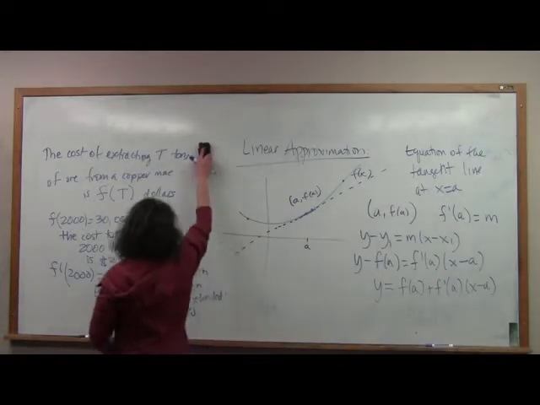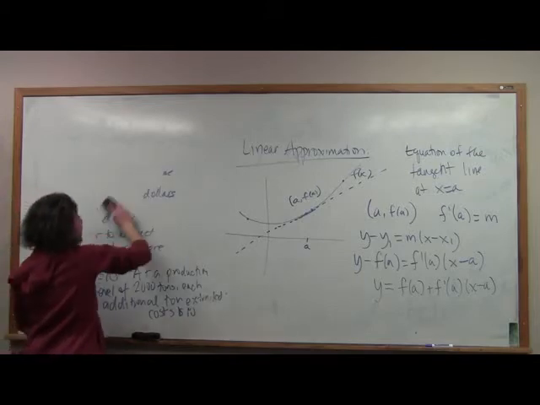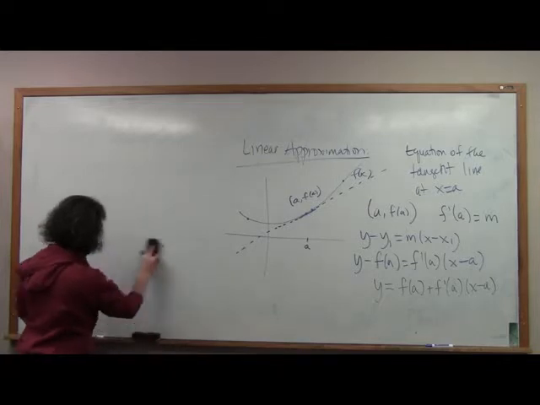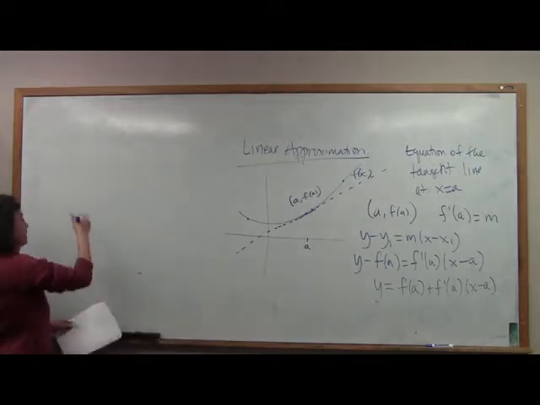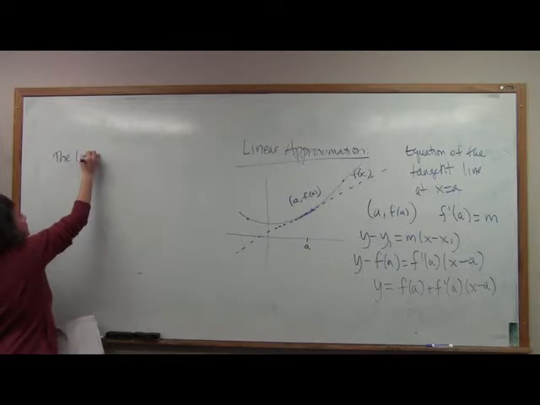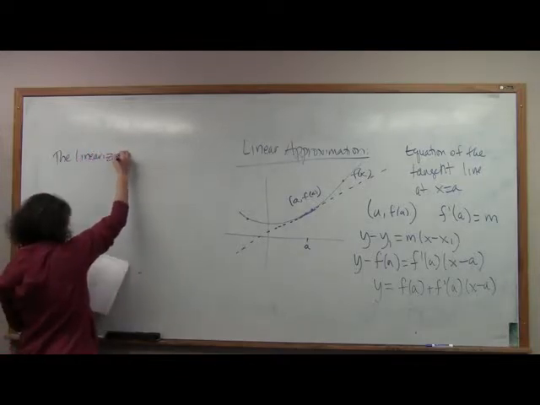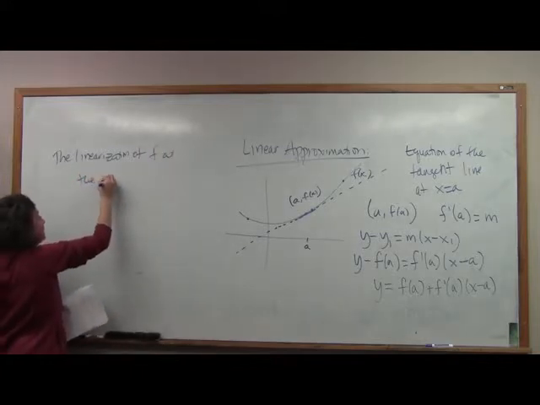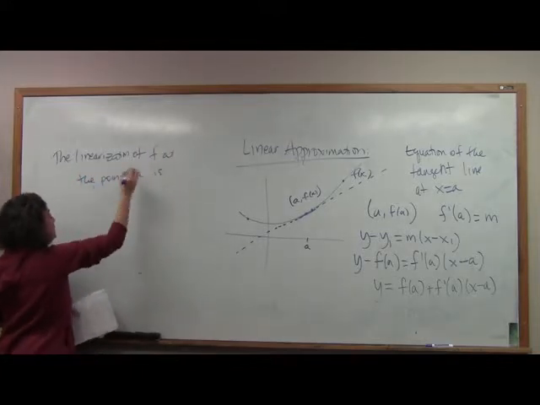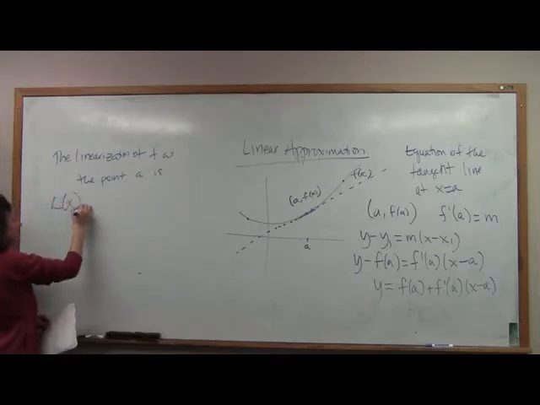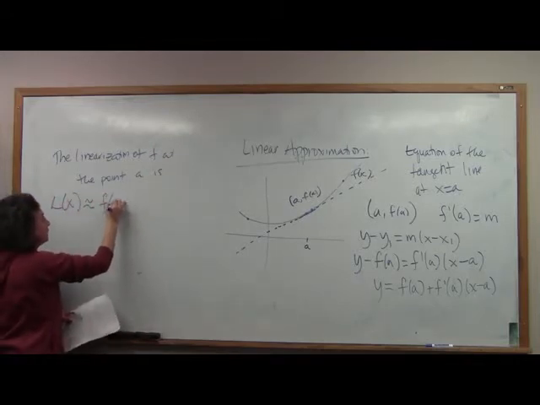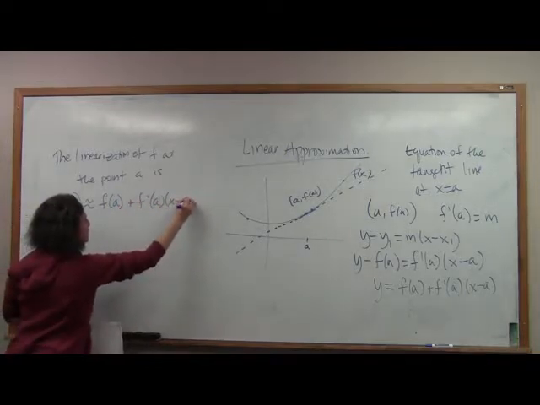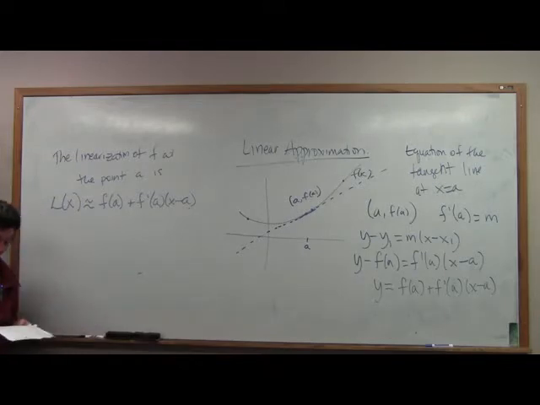So if I want to approximate a point nearby and talk about the linearization near a, so I'll say that the linearization of f at the point a is, I'll call that L of x, is approximately equal to f of a plus f prime of a times that x value minus a.